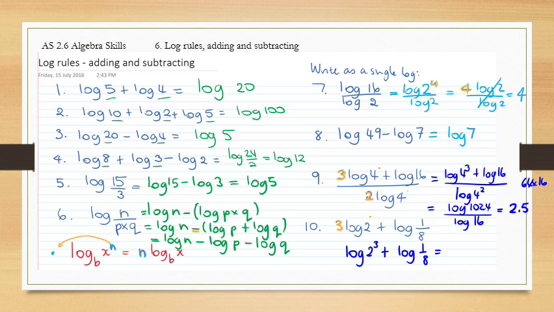When we're adding, we can multiply, so it's the same as log of 8 times 1/8, which is the same as log 1, which equals 0.